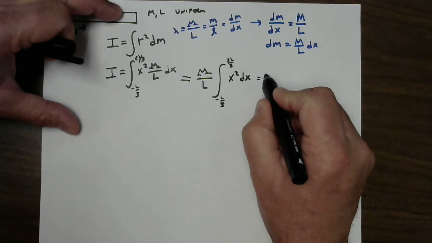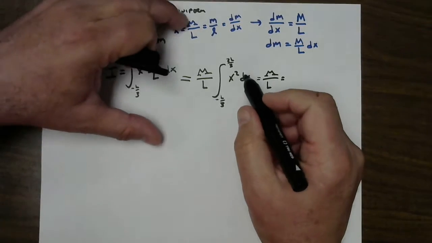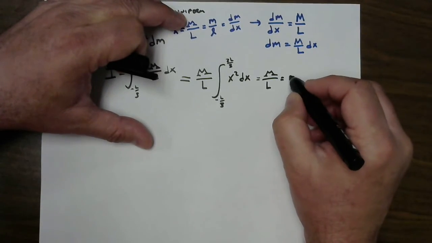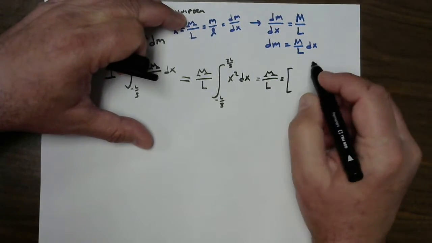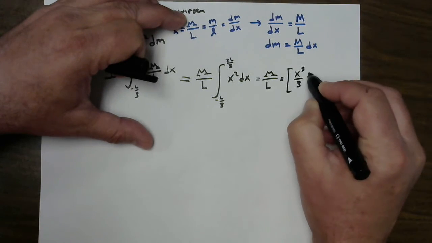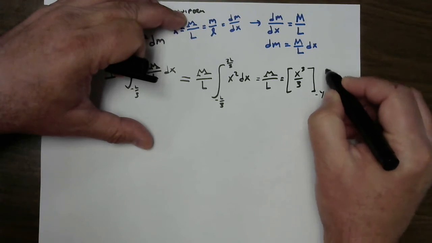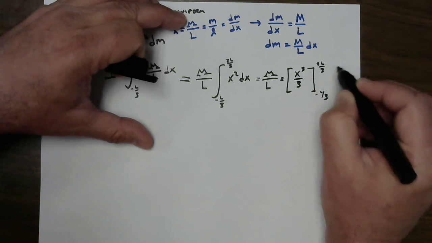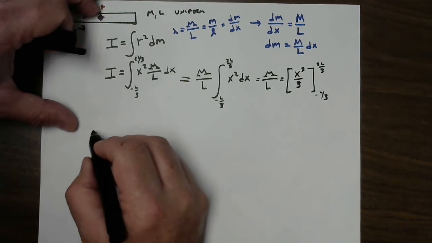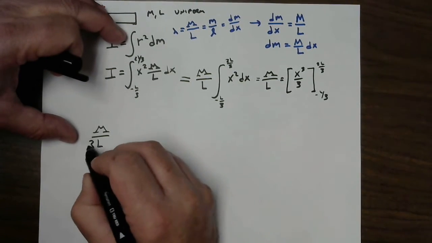That's a really easy integral to do because what we do is we increase the power by 1, and we put the new power underneath, so x cubed over 3. Basic polynomial integration from minus L over 3 to 2L over 3. Okay, going down another line, M over L times 1 over 3, so M over 3L, why not?